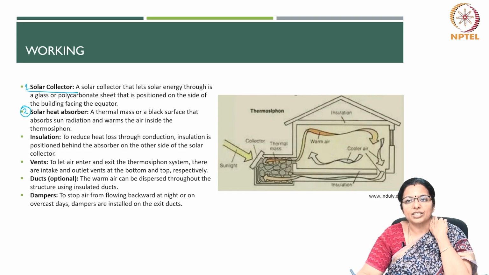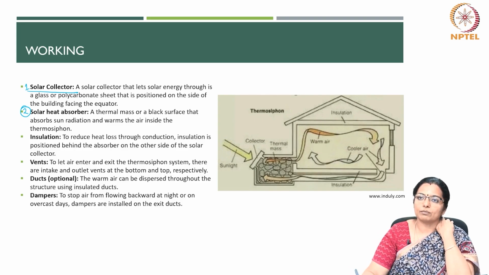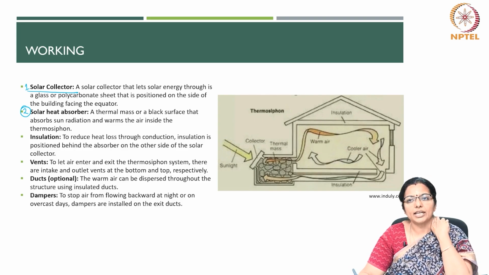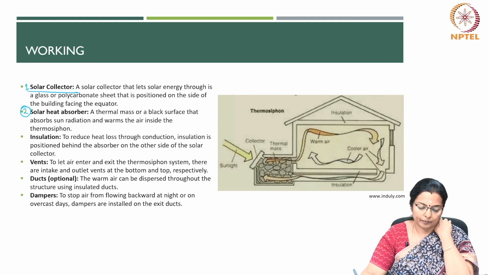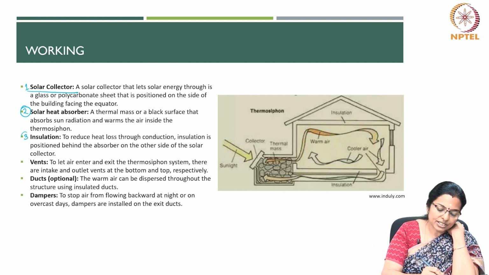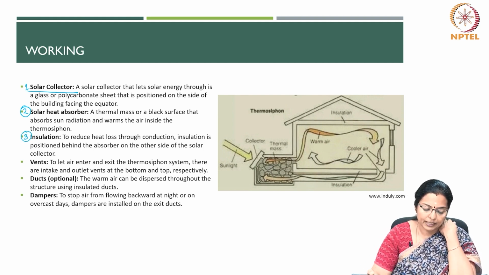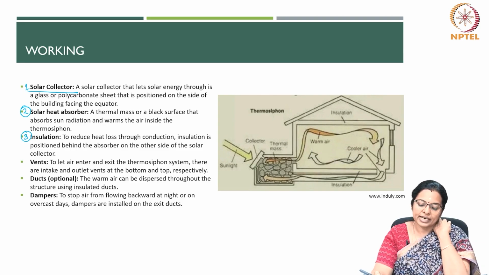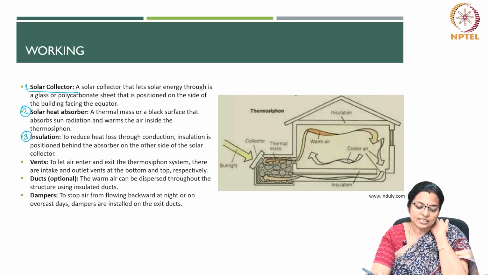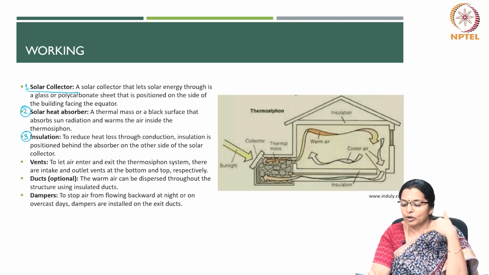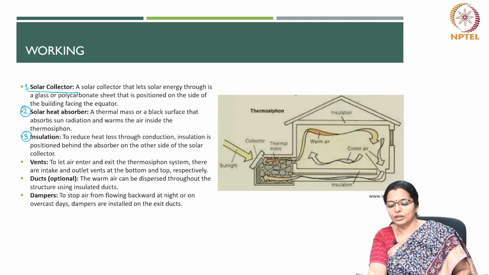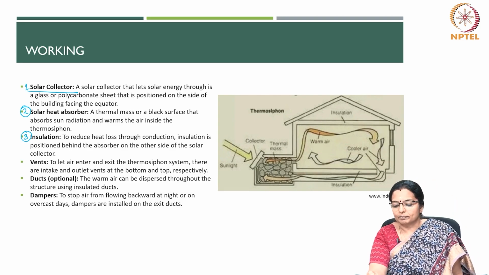The insulation placed at the back of the absorber prevents heat loss through conduction. The insulation, which is the third element, is used to reduce heat loss, and it is placed behind the absorber on the other side of the solar collector.